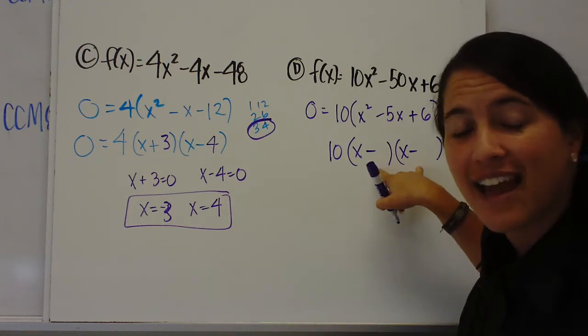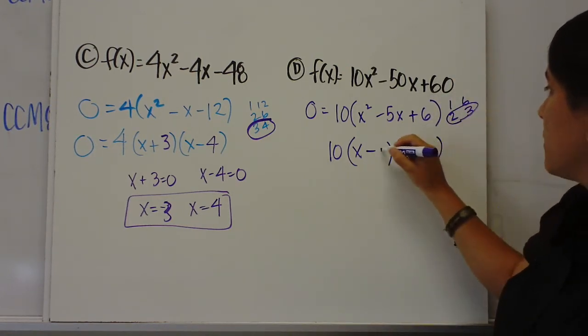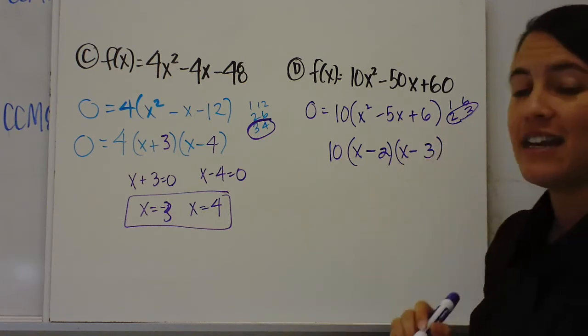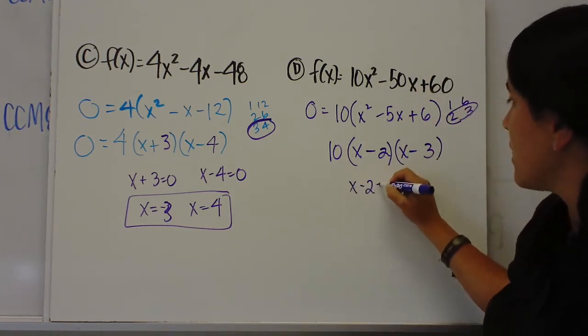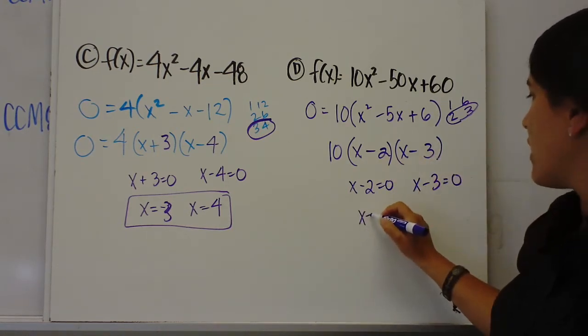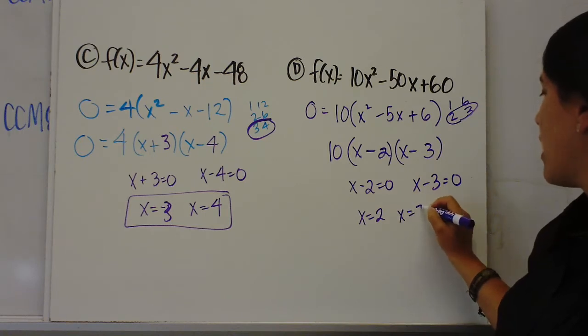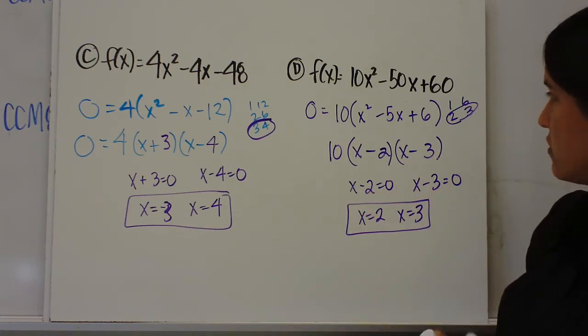So negative 6 and negative 1 doesn't equal negative 5. But we can use 2 and 3, and a negative 2 and a negative 3 does equal negative 5. So you set them equal to 0, and then x equals 2 and x equals 3 are our solutions.